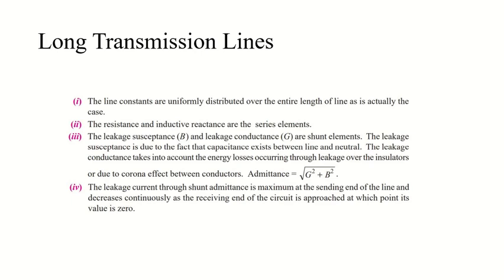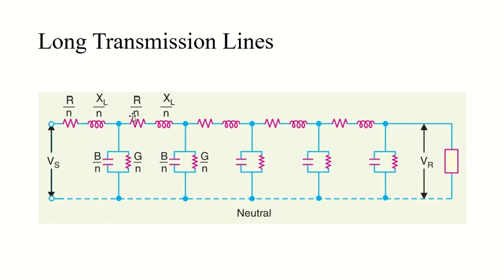It is actually a fact that the line constants are uniformly distributed over the entire length of the line. The second thing is the resistance and inductive reactances are in series. They are series elements. As you can see here, we have resistance here, we have an inductive element here, and both of them are in series.